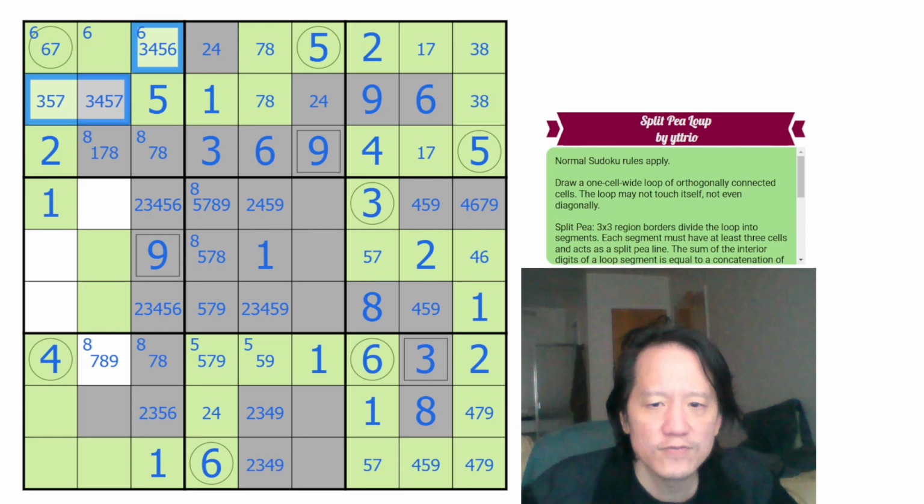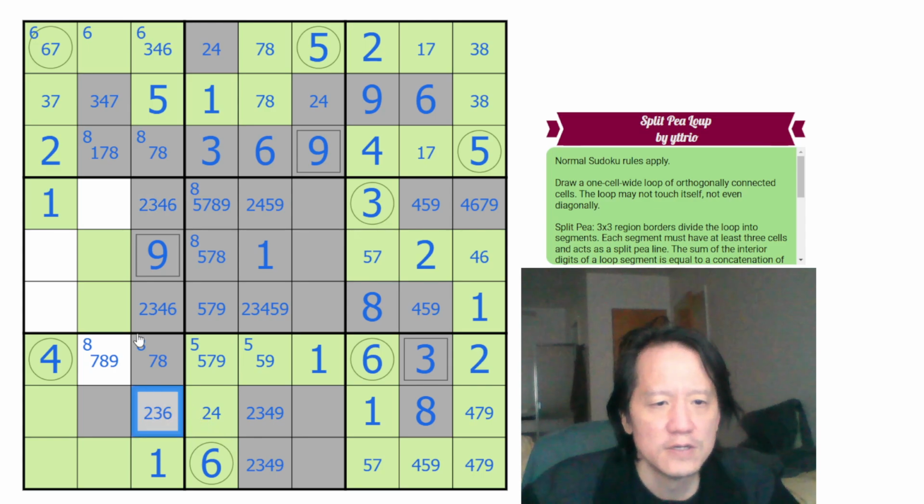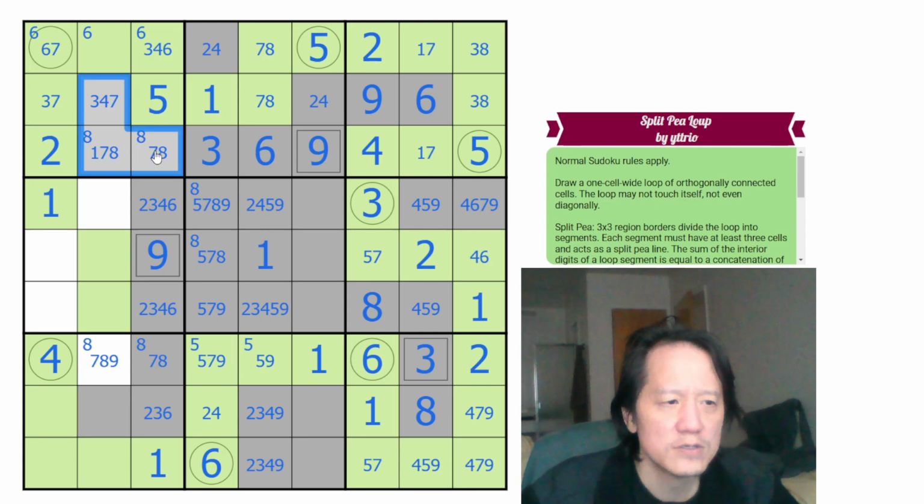Let's just see if we can make sure that's the case. If this is 5, this is 25. This adds up to 25. So that's 32. So then this must add up to what? 45 minus 32 is 13. 8 is already here, so you have 13 minus 8, so therefore the rest is 5.